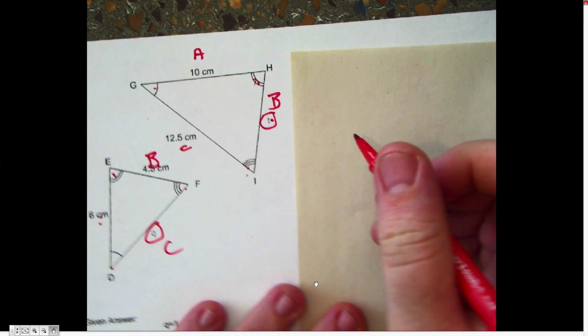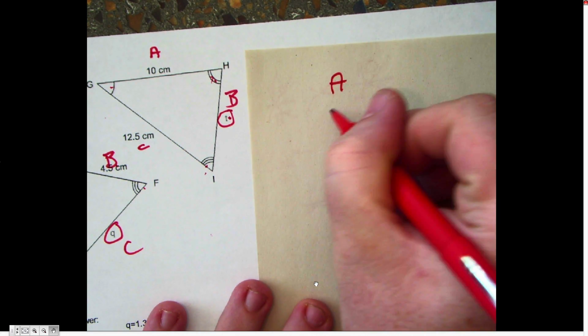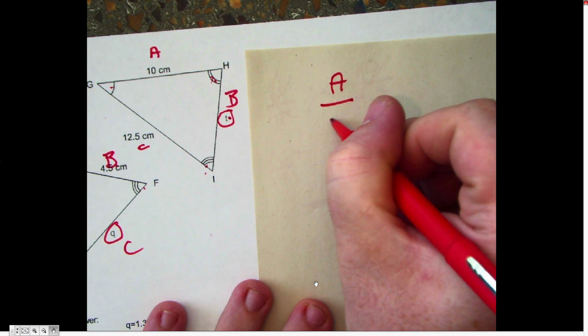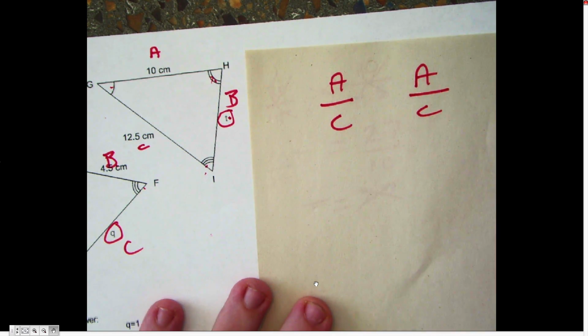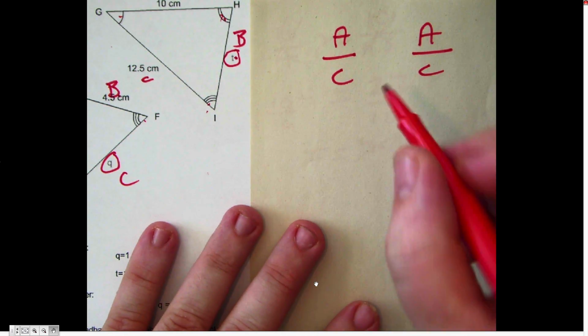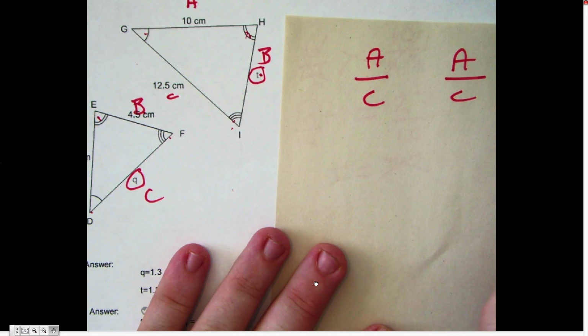Okay, so side C. So we're going to do side A over side C. Side A over side C. Okay, again, from the same triangle. Don't make that same mistake I just made. Same triangle.